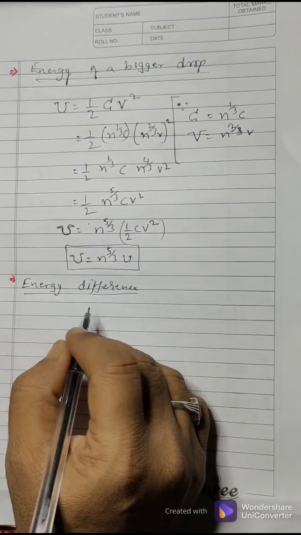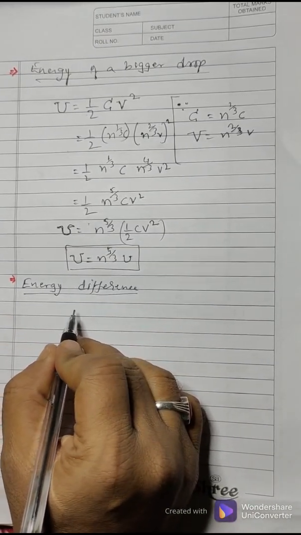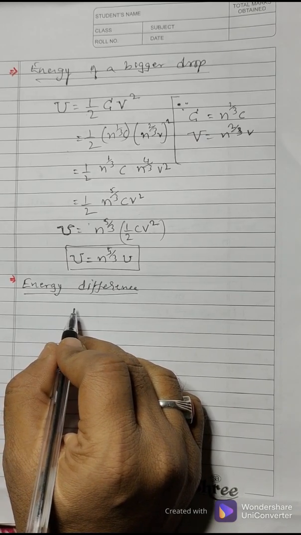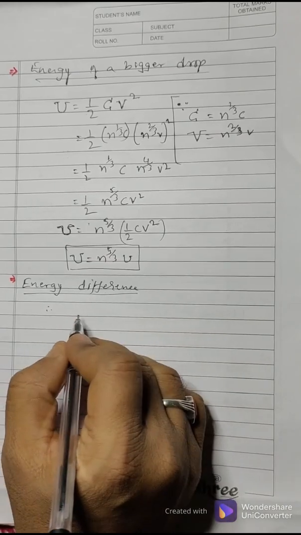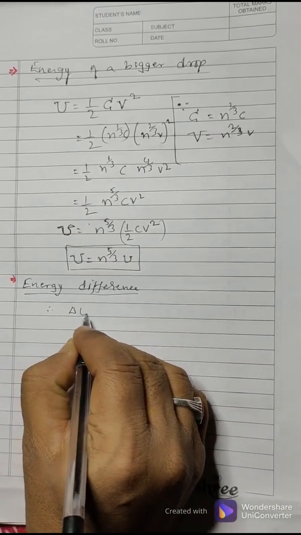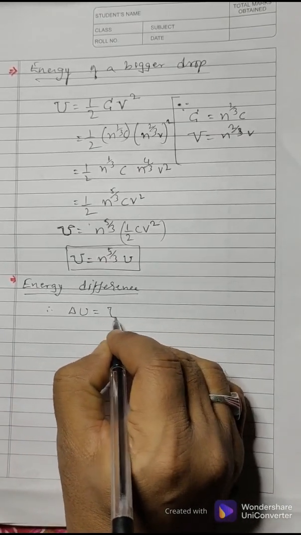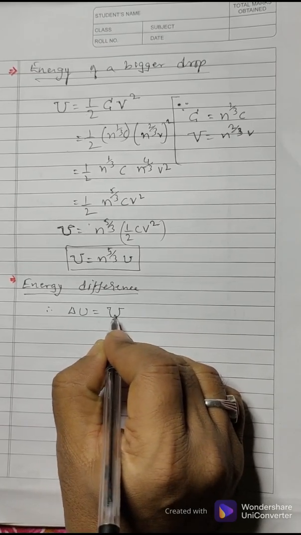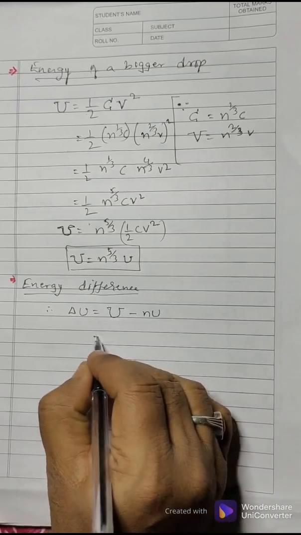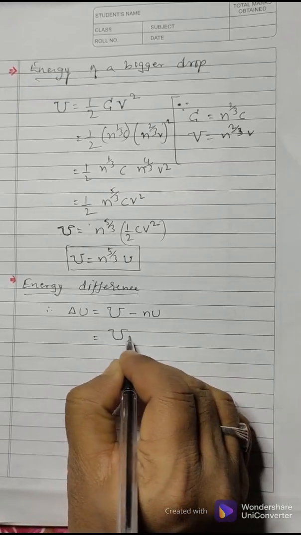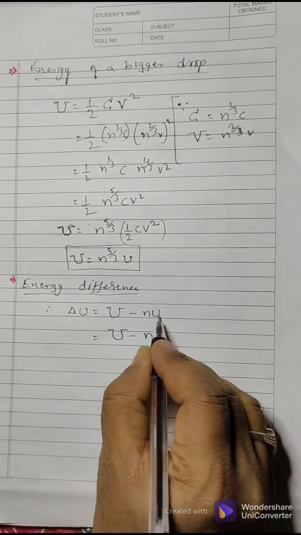Here the total energy of a bigger drop is greater than the total energy of the smaller drops. Therefore, our difference in energy, delta U, is equals to capital U, the energy of the bigger drop, minus the total energy of the smaller drops, that is capital U minus n into small u.